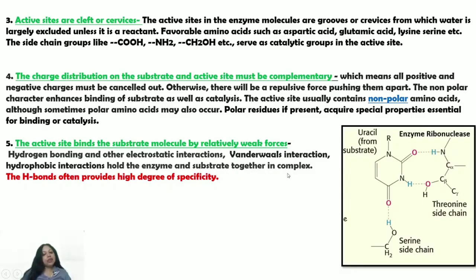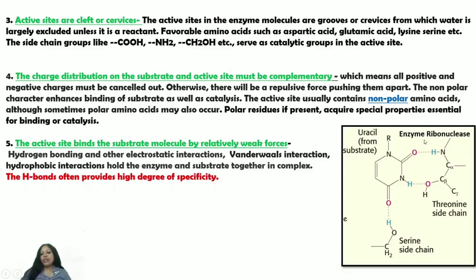So covalent bonds sometimes exist, but the non-covalent or weak forces are the major forces through which the active site binds to the substrate and catalyzes the chemical reaction. And out of these weak interactions, it is the hydrogen bonds which often provide a high degree of specificity.